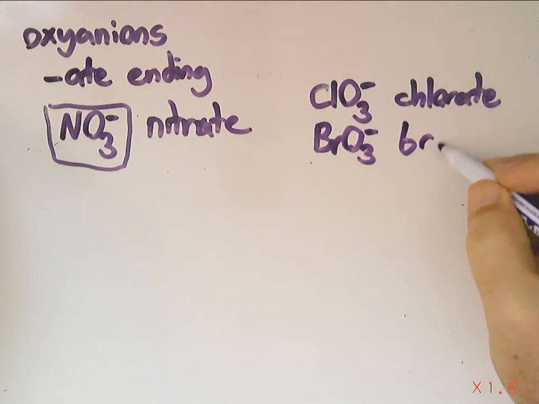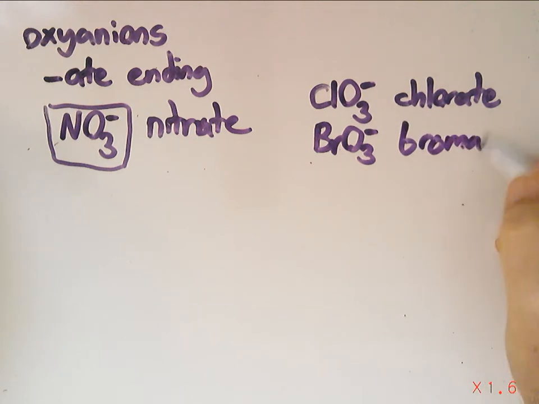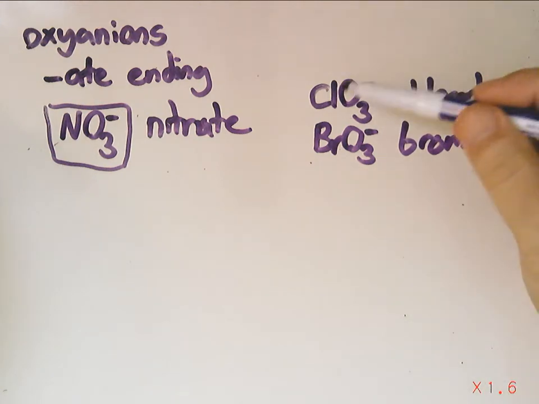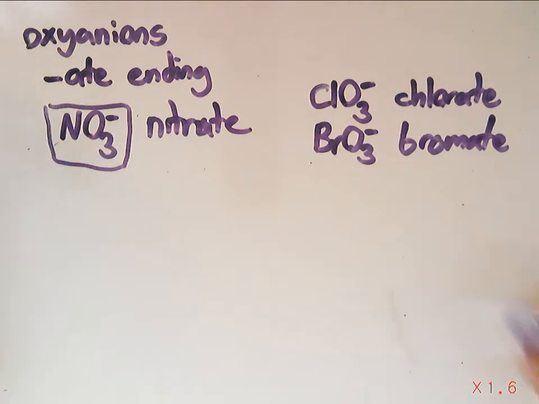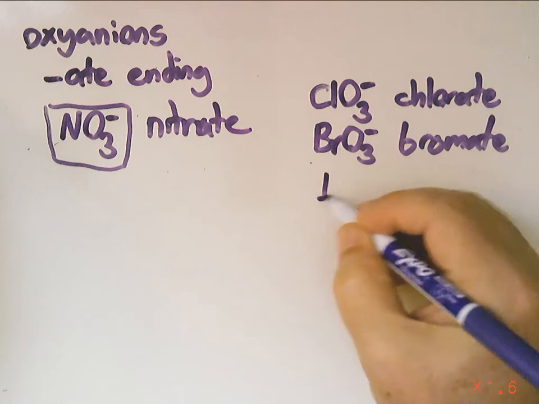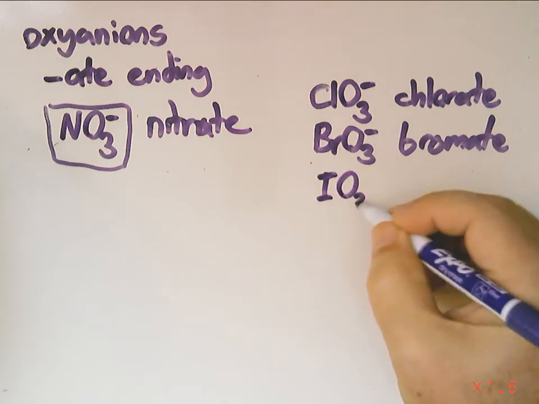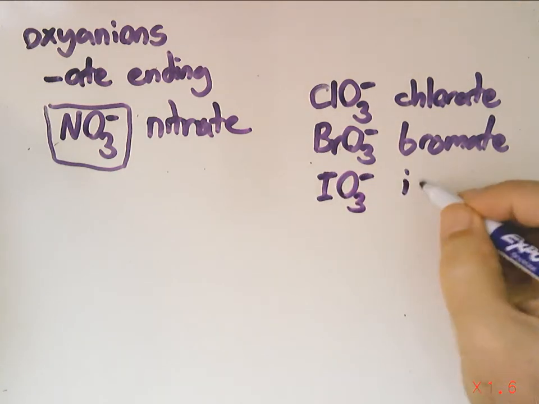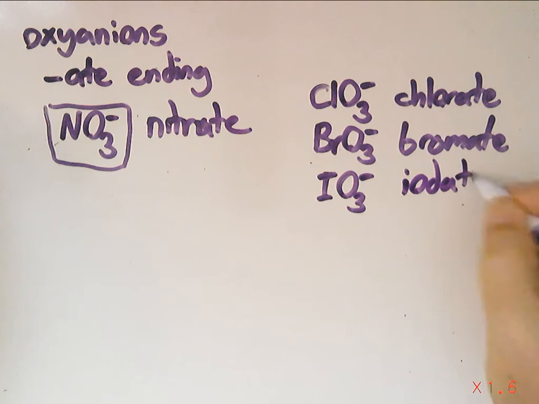And its most common form is analogous to that. Notice you just swapped the bromine for the chlorine. These are both in the same family. So they're going to form very similar polyatomic ions. And below that, on the periodic table, is iodine. And that forms iodate. All of these have that ATE ending.